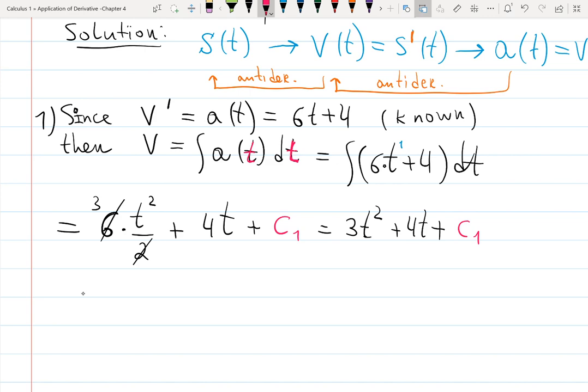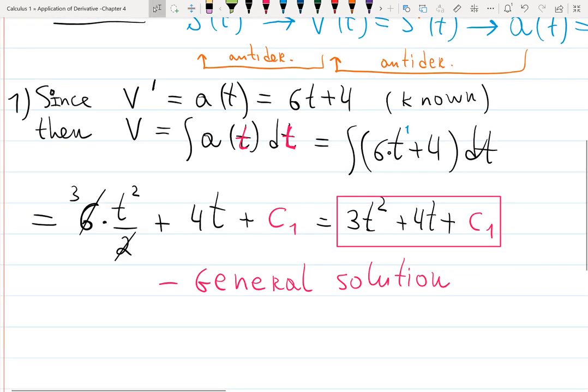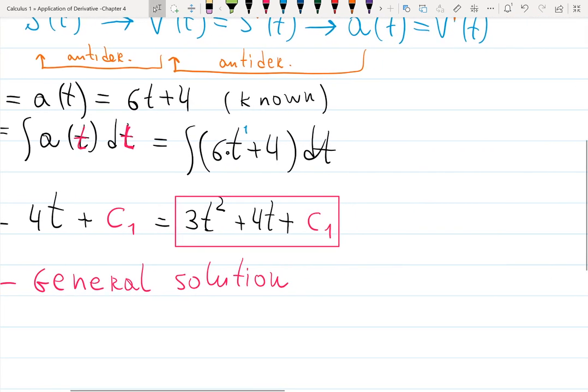And since we have c in the answer, this is called general solution. The general solution, if we were asked to find the velocity, seems like a family of functions. And we know what kind of functions they are.